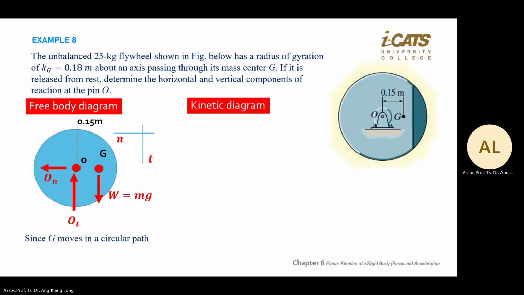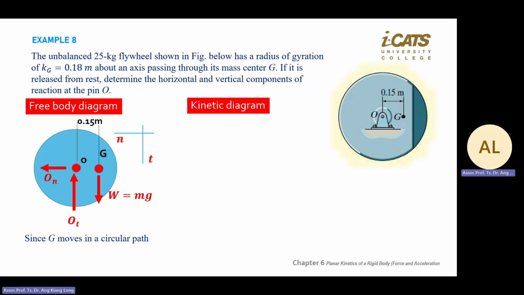You have the free body diagram and you have the kinetic diagram. The kinetic diagram means you put in the alpha and omega. So is this one going to rotate clockwise or anti-clockwise? If you let go from the position, you rotate clockwise, right?